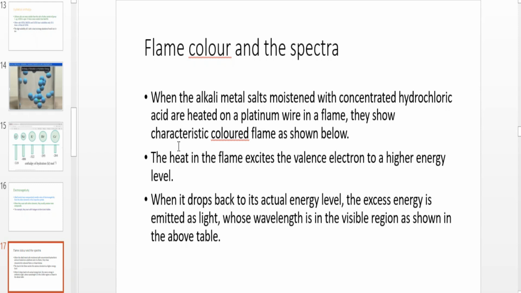As it jumps up to its higher energy level, that can be visible. When it corresponds to a wavelength in the visible region, we can see the color of the flame.